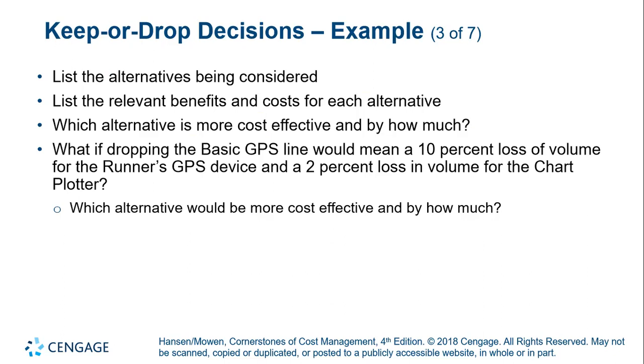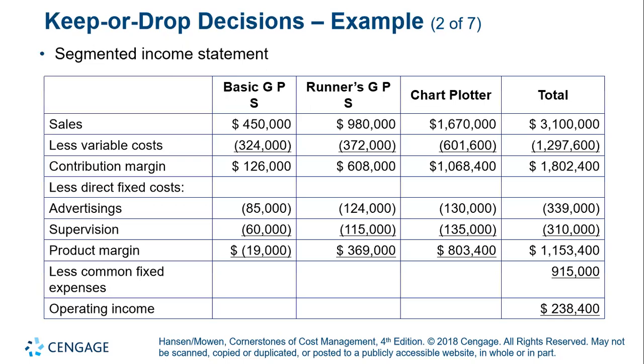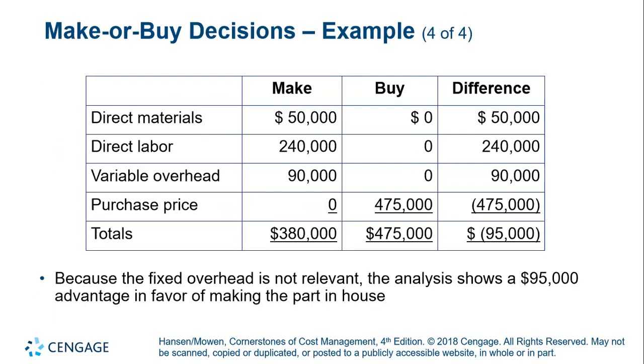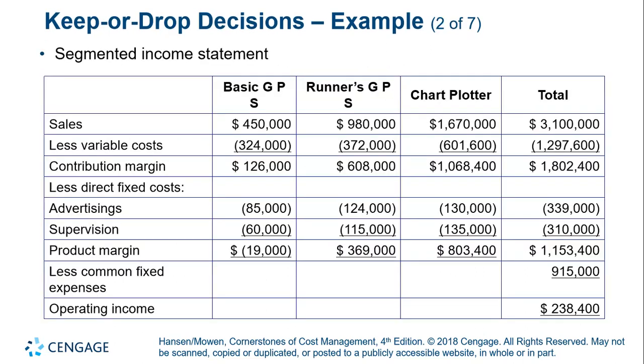So number one is make or buy. Then second, you have your keep or drop. Prior to the keep or drop decision, you have make or buy. Then you have keep or drop with this example.